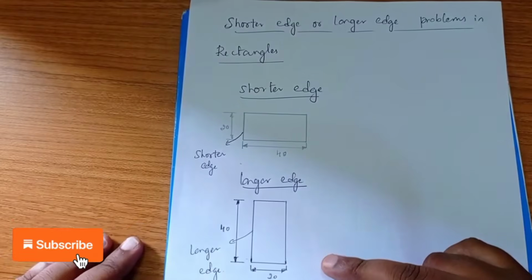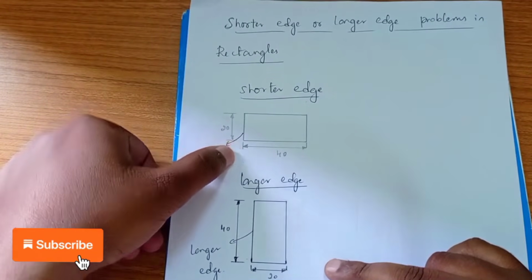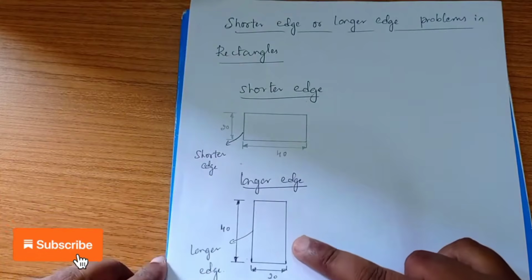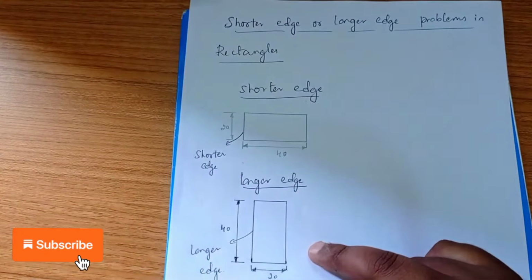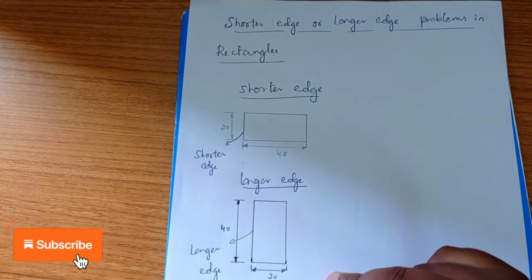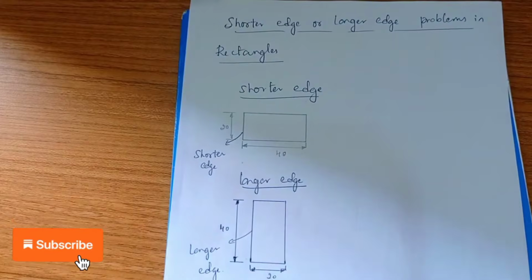If the problem asks to construct a shorter edge problem, we have to consider the shorter length of the rectangle for the first position. Similarly, if they mention a longer edge in the question, we have to consider the longer edge in the first position. Okay, so that's what the first positions are in shorter edge and longer edge problems.